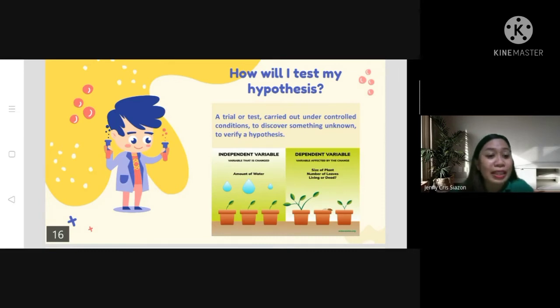Maliit pa lang yung in-increase ng kanyang level. So makikita natin, iba-iba rin yung effect ng dependent variable. Iba-iba yung effects base sa in-apply natin sa independent variable. Okay? So tatandaan tong dalawa, it is very important. The crucial part of our research.